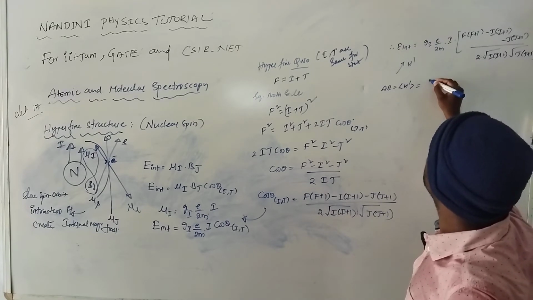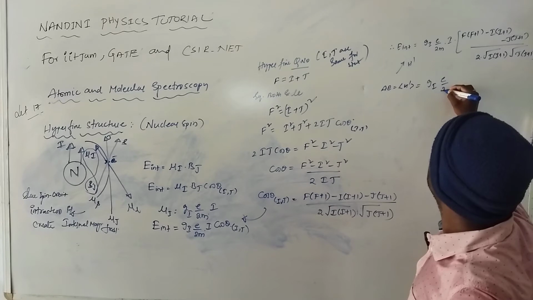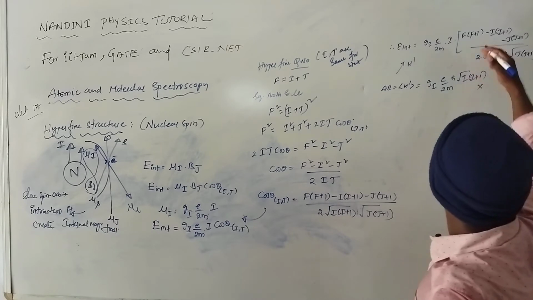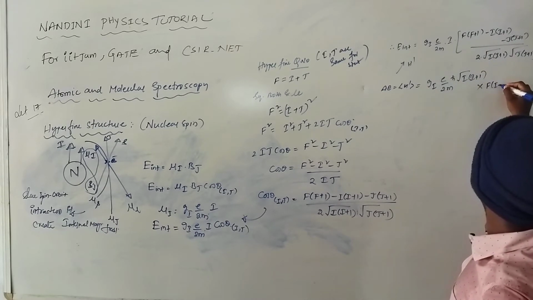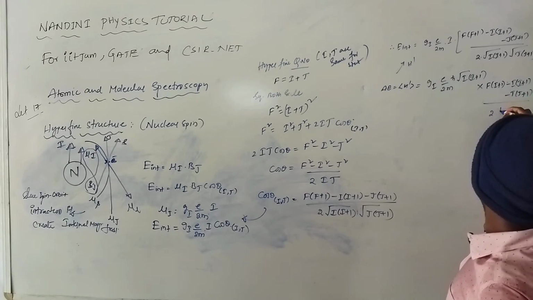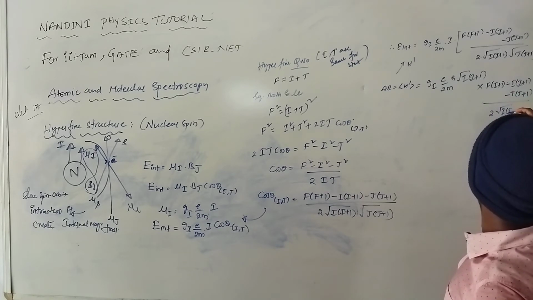So, this is g I e by 2m into the I value, h cross root over I into I plus 1, multiplied by F into F plus 1 minus I into I plus 1 minus J into J plus 1, divided by 2 times root over I into I plus 1.